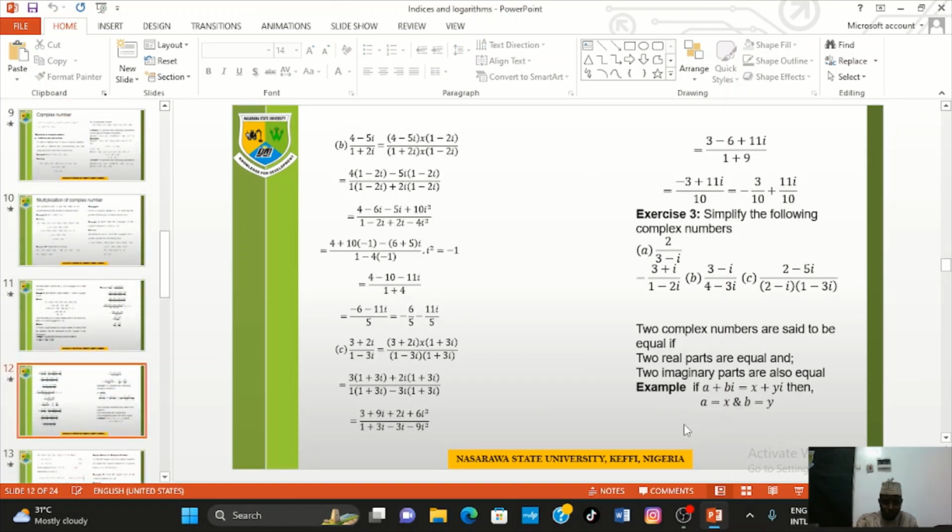So we can do the remaining examples following the same procedure and continue. So here are the exercises. You can text this.